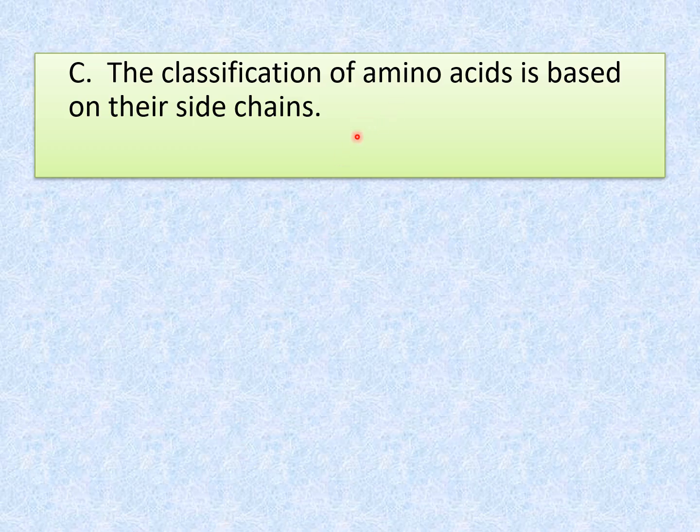And again, the classification of amino acids is based on their side chains. The distinguishing characteristic of an amino acid would always be its side chain.